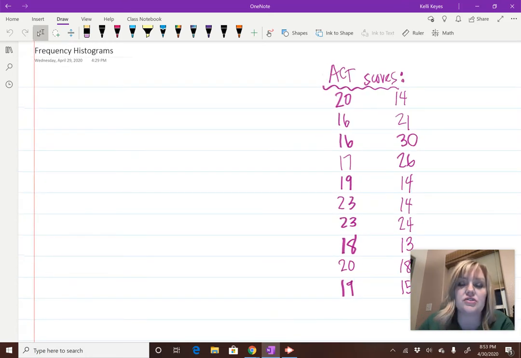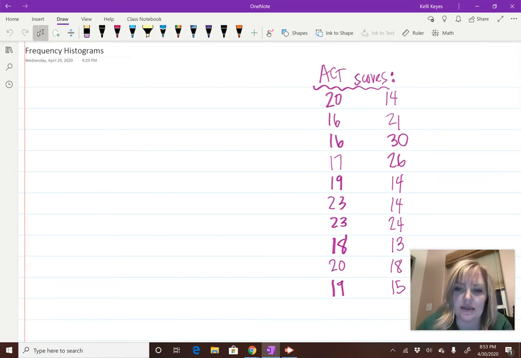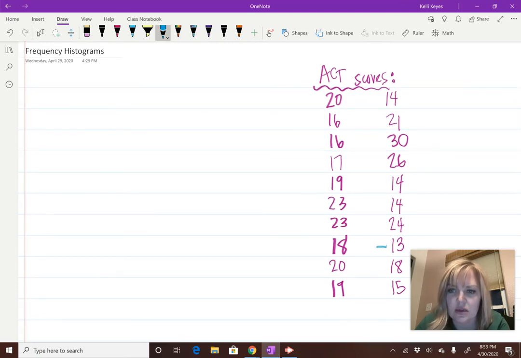If I'm making a histogram, what I need to look at is, what's my smallest value? My smallest value is this 13. Make sure I didn't miss one. And then my highest value, it looks like, is 30. So then I know I'm going to have to label my x-axis from 13 to 30.